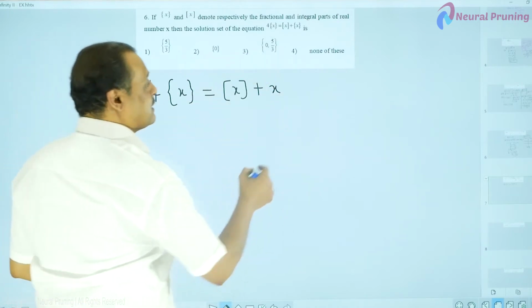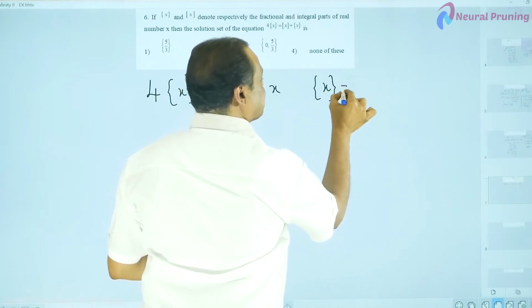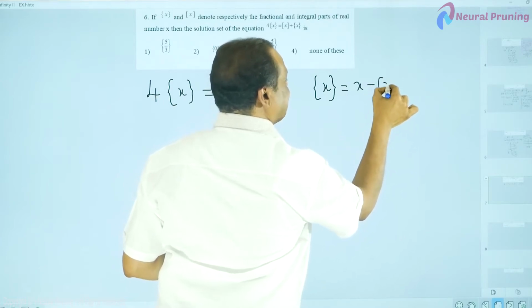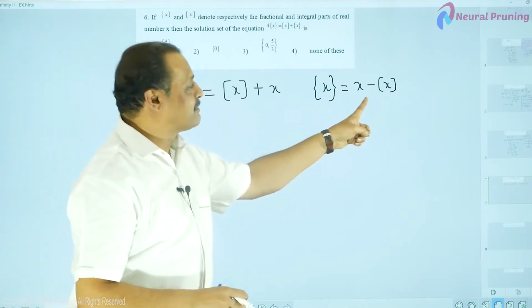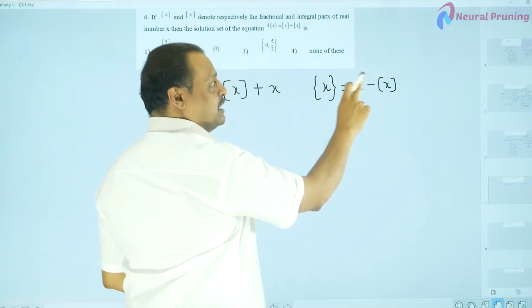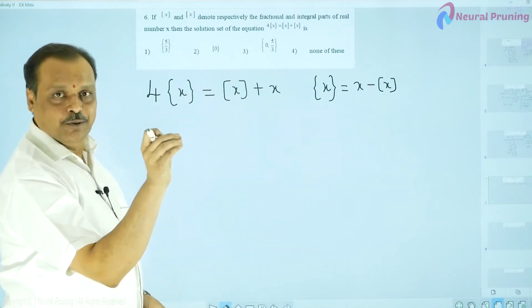And we know the fractional part of x is, what is the fractional part? It is supposed to be x minus the greatest integer function of x. It is defined in this form, x minus the greatest integer function, and it always gives you the fractional value.